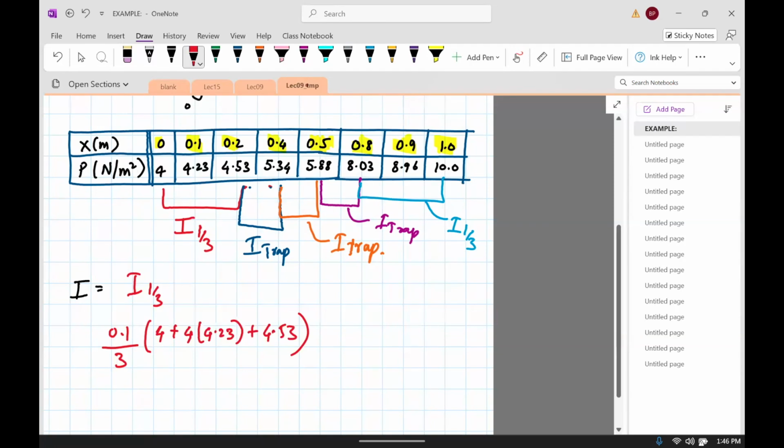So that completes the first part. Next, we have to use the trapezoidal rule. The grid size is 0.2, so 0.4 minus 0.2 is 0.2, divided by 2. And then we need the sum of the heights. So 4.53 plus 5.34.